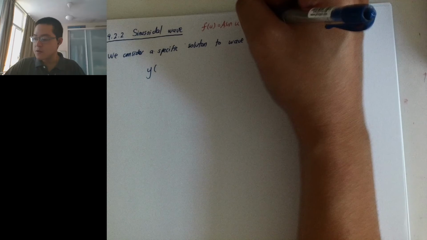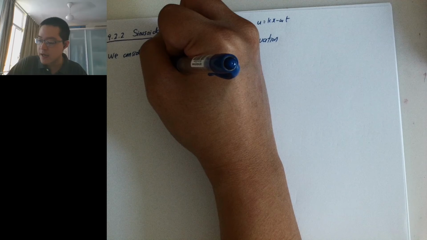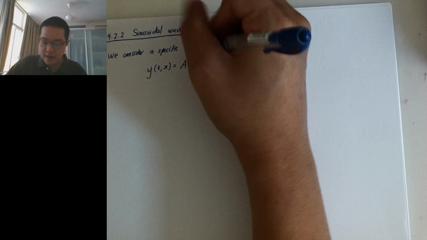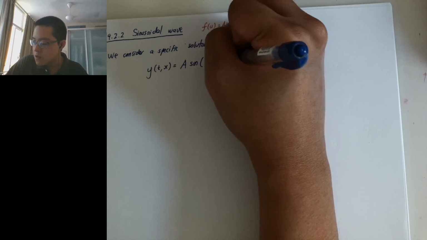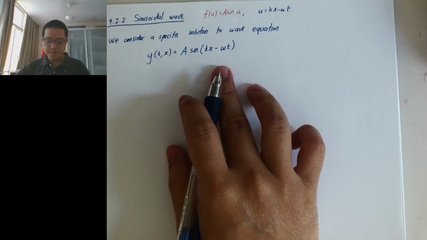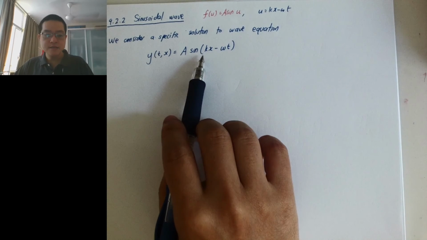Where u is equal to kx minus omega t. So it works out the wave equation, and it depends on two variables. A is a constant, and I will consider A sine of kx minus omega t. This is my wave, and I will consider it as my specific solution.